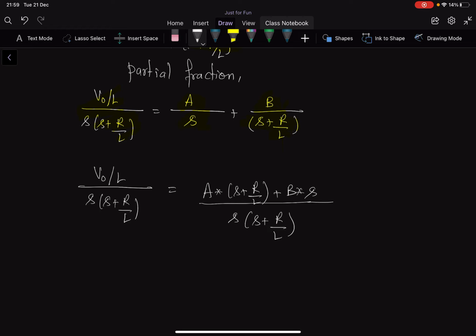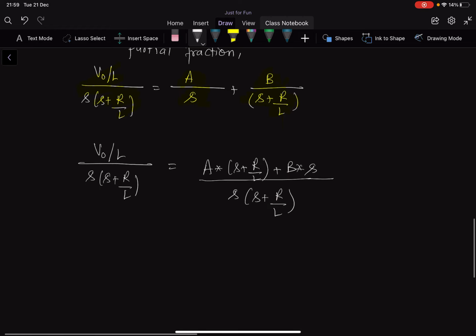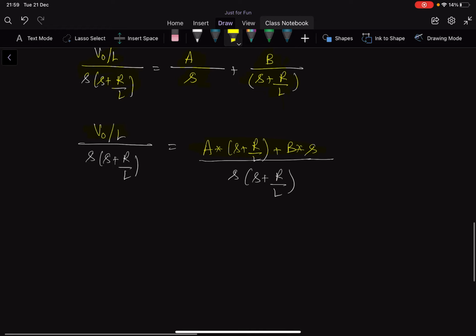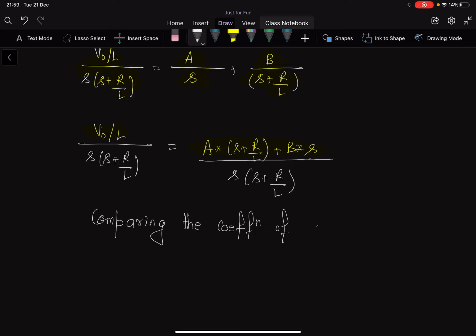Now to find the values of A and B, we can simply compare the denominator on the left hand side fraction and the right hand side fraction. So let's compare the coefficients of s and the constants.